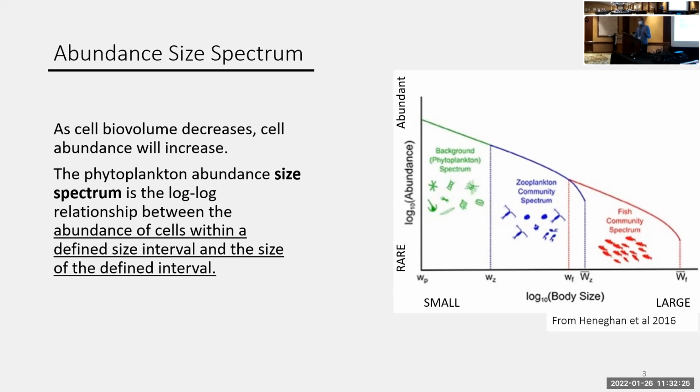Changes in the slope can have implications for the storage of carbon in the ecosystem and, as I talked about, higher trophic transfers. If the slope were steeper, there would be a greater overrepresentation of smaller phytoplankton than larger phytoplankton.